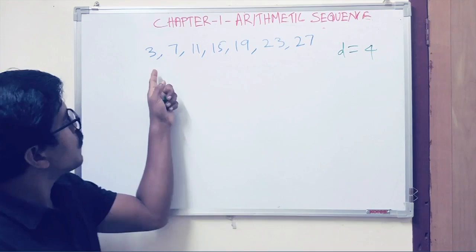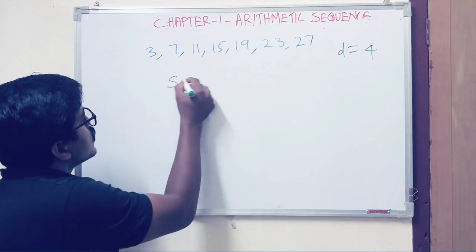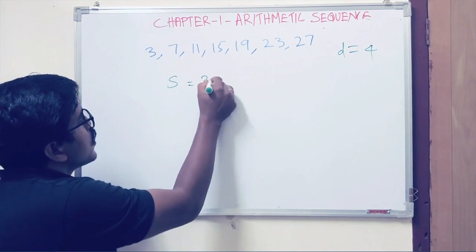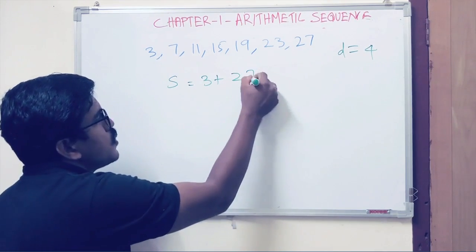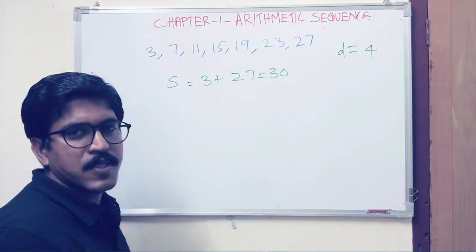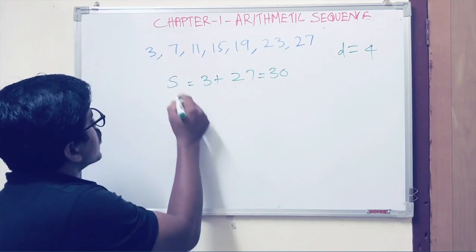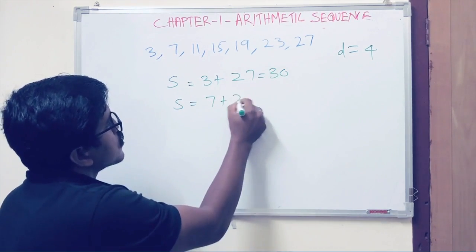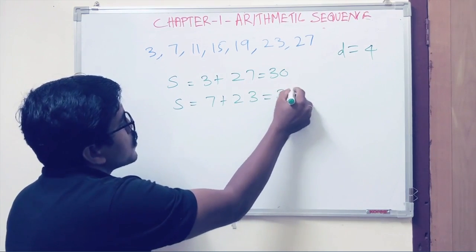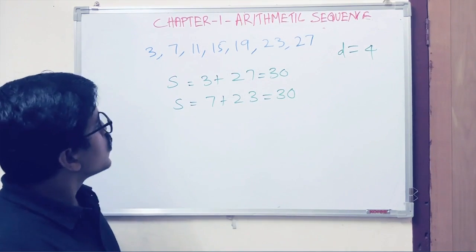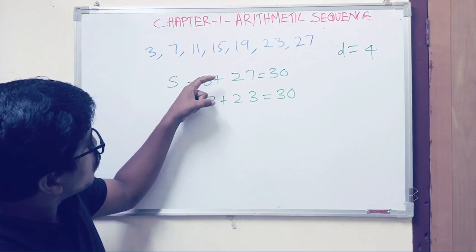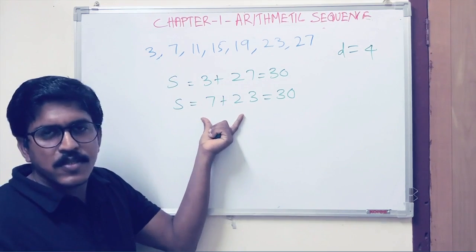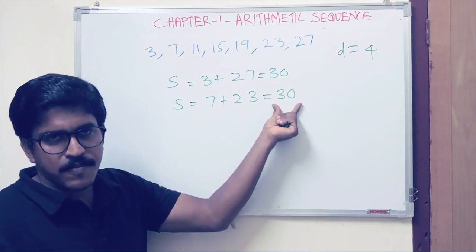Now the same way we are going to take the sum, that is the first term is 3 and the last term is 27, that is the sum is 30. And the second term here is 7 and the sixth term is 23. The sum is 30 will come. So if we are taking it like this, the sum is always 30.